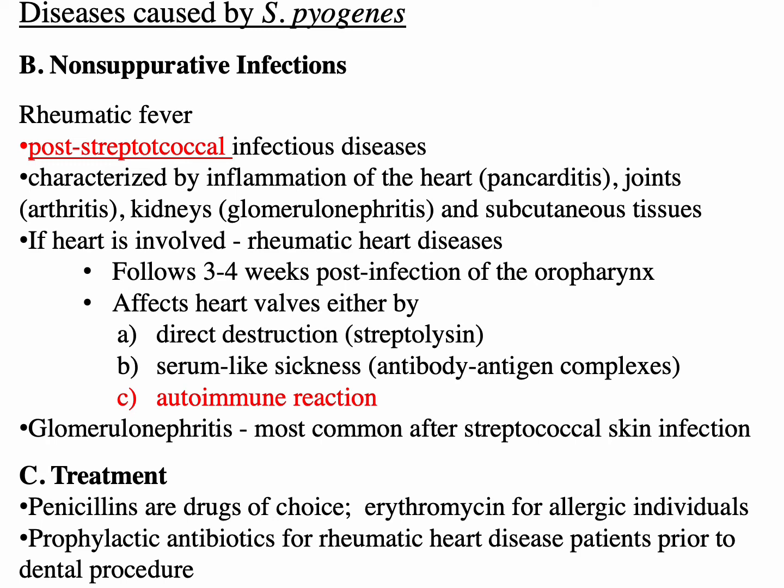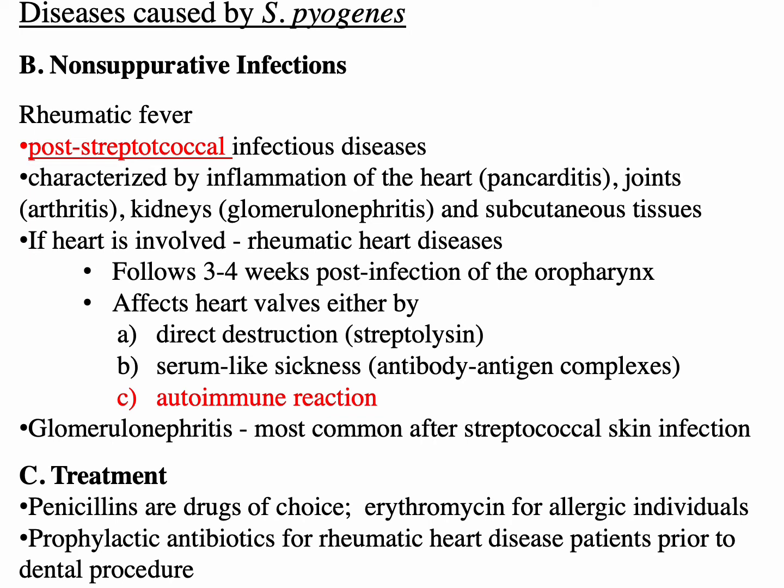So they think that the antibody raised during the infection, when the group A strep is gone, remains and then comes and finds the myocardial antigen and binds to it.